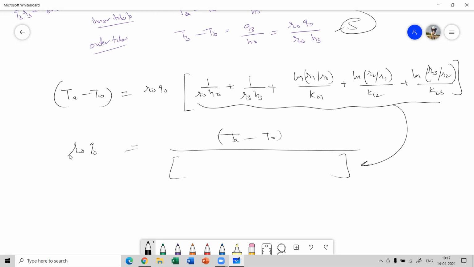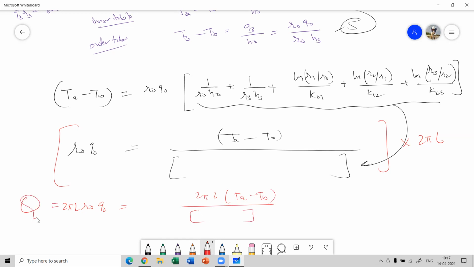If you multiply both the sides by 2 pi L, we have 2 pi L r0 q0 equal to 2 pi L into Ta minus Tb over this expression, and that is Q0. That is the rate of heat transfer through this wall.